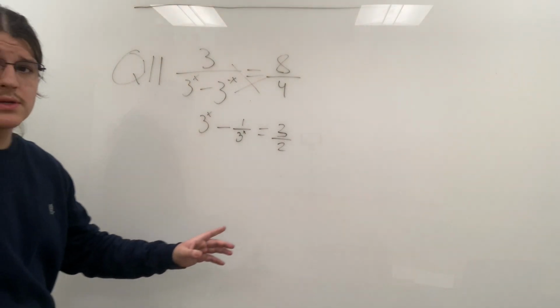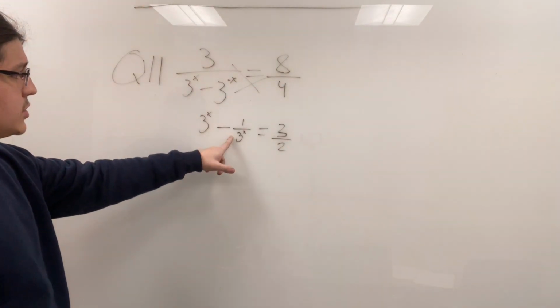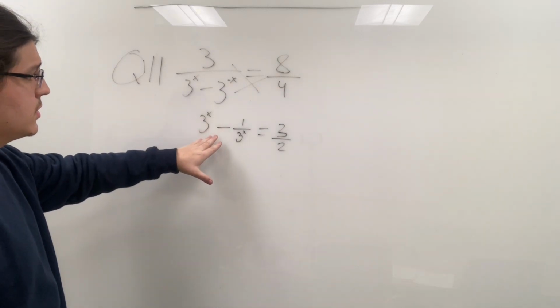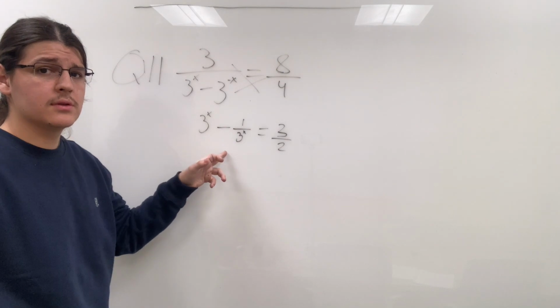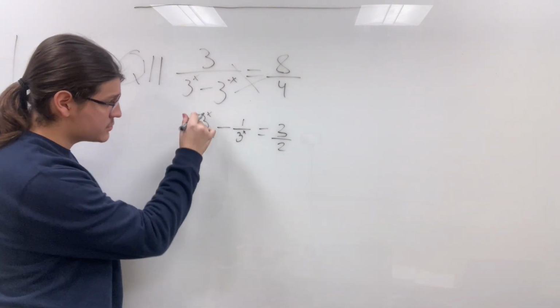But now what? Is it possible that we can factor a 3^x out of this? Or no. Is it possible that we can get this all in one fraction? 3 to the x on its own is the same as 3 to the x over 1.